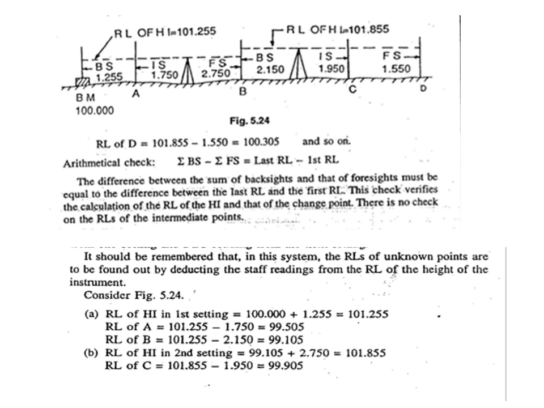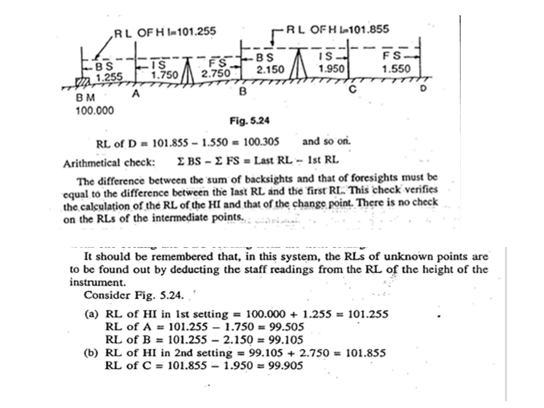101.255 minus 2.750. Then the instrument was shifted to the position in between the stations B and C, and after carrying out the temporary adjustment, again the staff was held at B. And since at position B, BS as well as FS both readings are taken, therefore the point B is called change point.